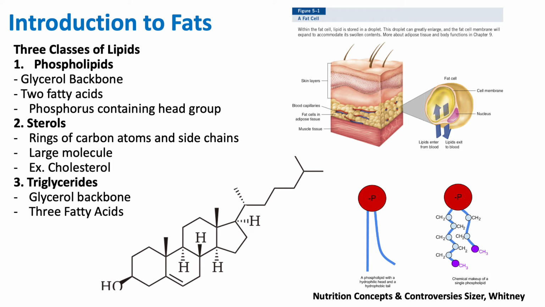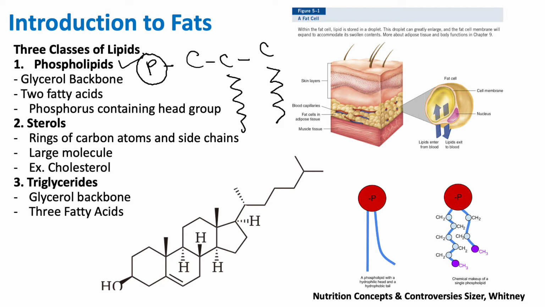So if we were to draw this out, we would see the glycerol backbone. We would see fatty acid chain number 1, fatty acid chain number 2, and then we would see some phosphate containing group. And that's a phospholipid. And this is what we see in our cell membranes.